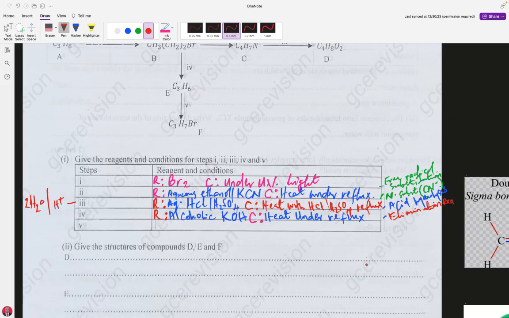So now how can we convert this propene to bromopropane? In order to react with an alkene, remember alkenes have a double bond. To convert them into alkane, they will have to undergo what we call an addition reaction.